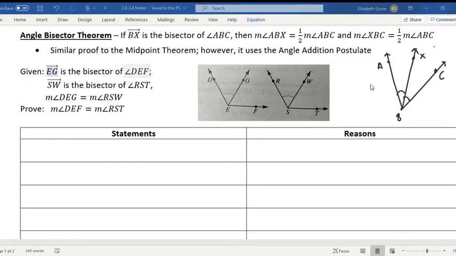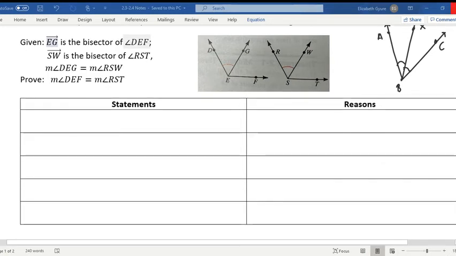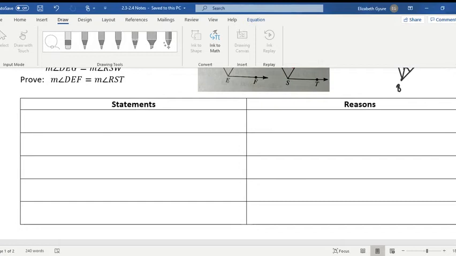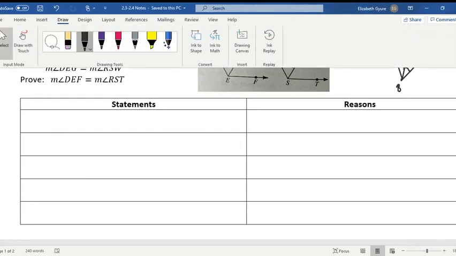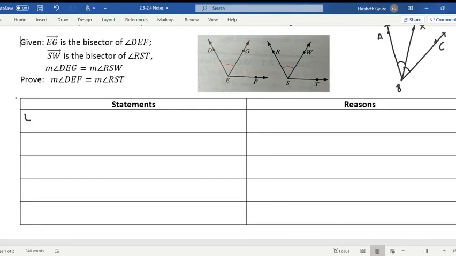So first, let's write down our given. So we are given that ray EG, I'm going to abbreviate here and say bisects angle DEF, just to save some space.